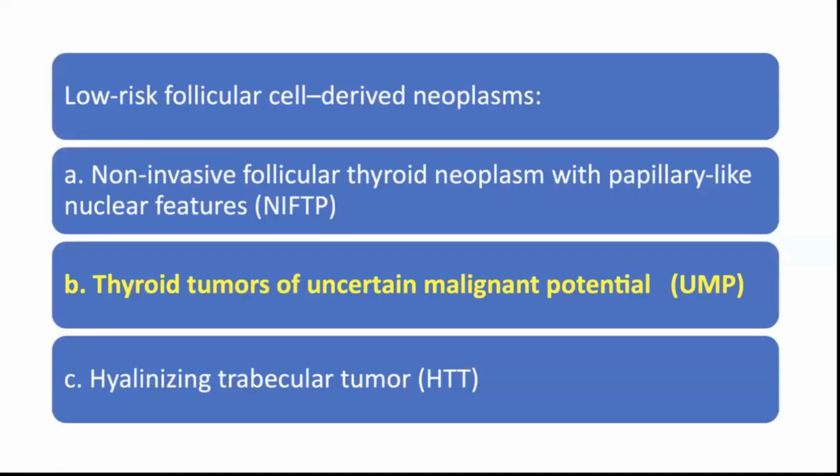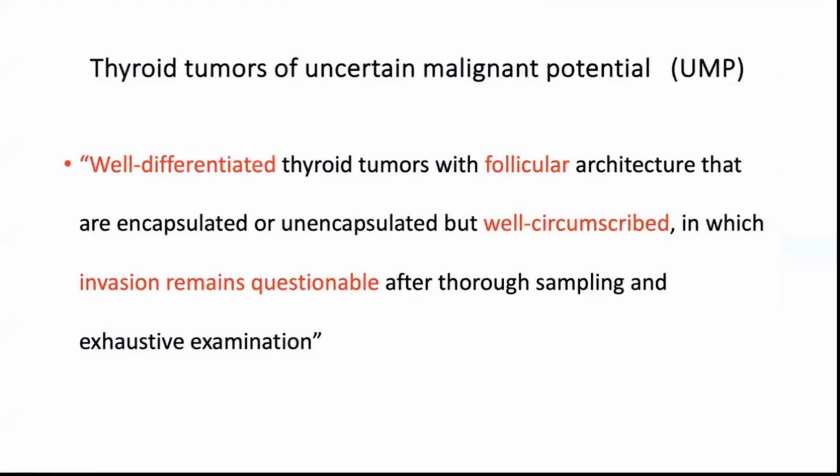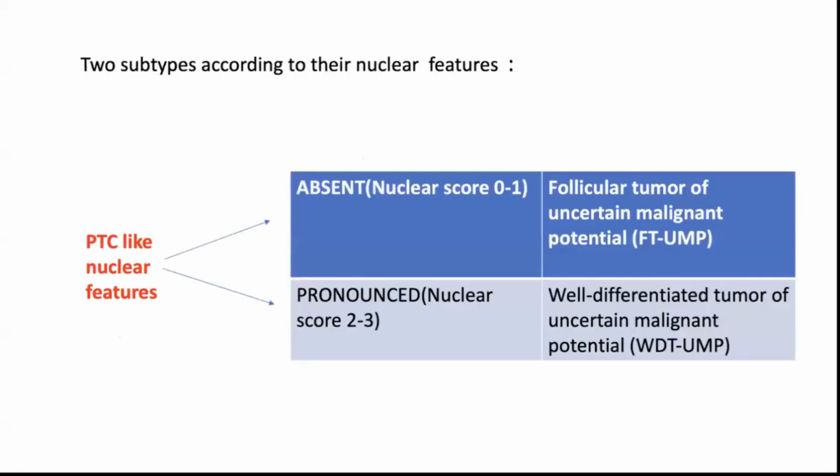So going on to the next low-risk follicular cell-derived neoplasm, that is thyroid tumors of uncertain malignant potential. These are well-differentiated thyroid tumors with follicular architecture that may or may not be encapsulated but are well circumscribed, but invasion remains questionable after thorough sampling and exhaustive examination. According to this, there are two subtypes according to their nuclear features. If nuclear features are absent, that is, there is low nuclear scoring, it is named follicular tumor of uncertain malignant potential.